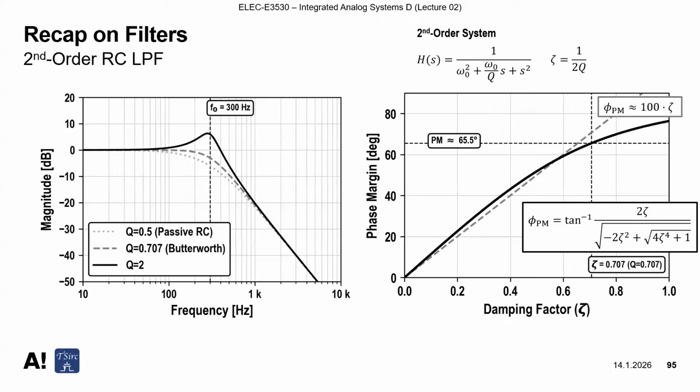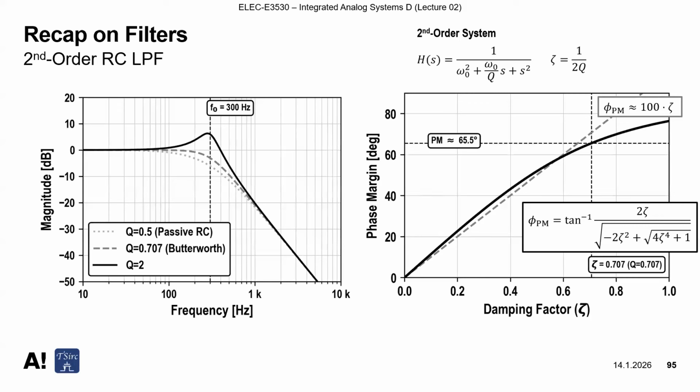I will go through how to derive this complicated equation in the next lecture. Anyway, let's assume this is correct. Then phase margin is defined as an arc tangent of 2 times zeta, with something in the denominator. We can approximate this complicated equation by an easier form: phase margin is approximately 100 times zeta, where zeta is called the damping factor.